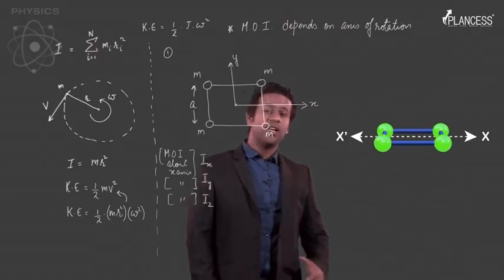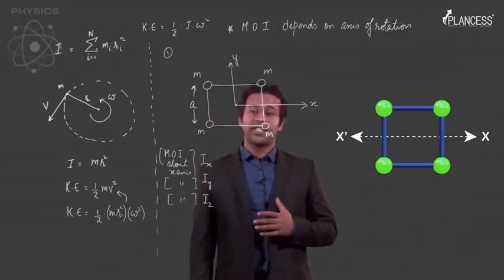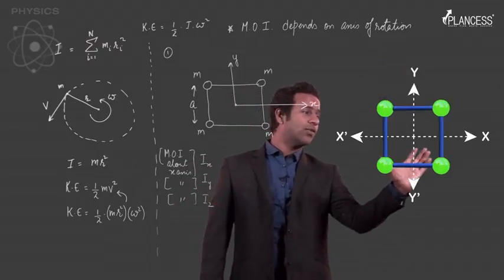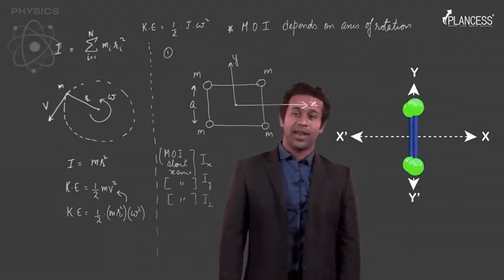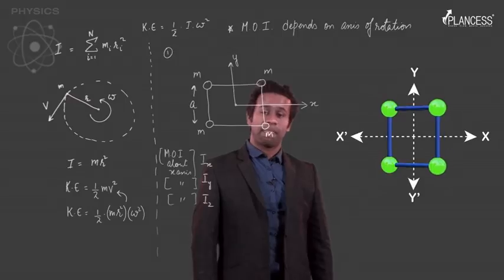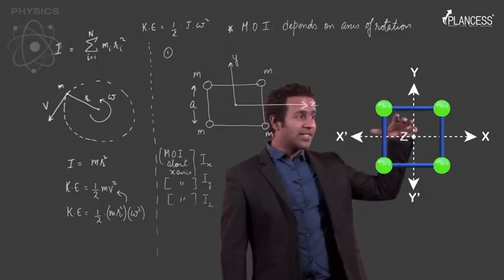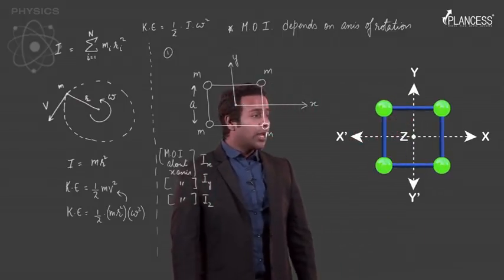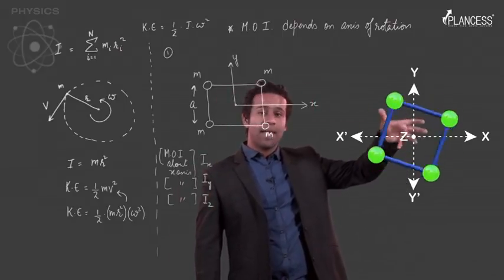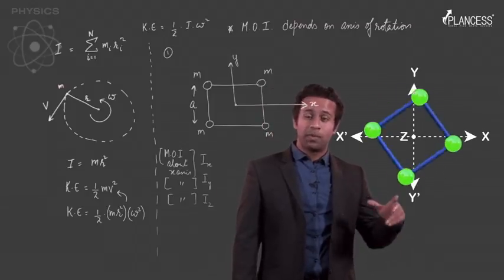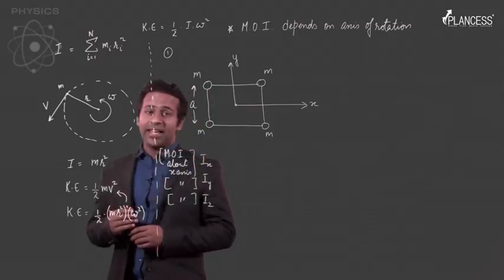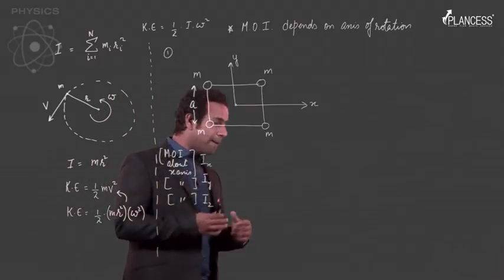Similarly, if we talk about rotation about y-axis, then this is the y-axis and the rotation would be something like this. So this is rotation about the y-axis. Once again, let's look at the z-axis, which is perpendicular. When you rotate this about the z-axis, this is nothing but spinning this thing in its own plane. You can get a feel of this by taking a notebook and rotating it by yourself.